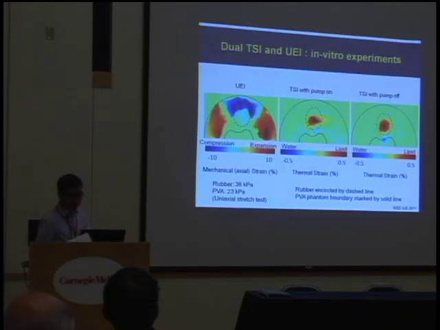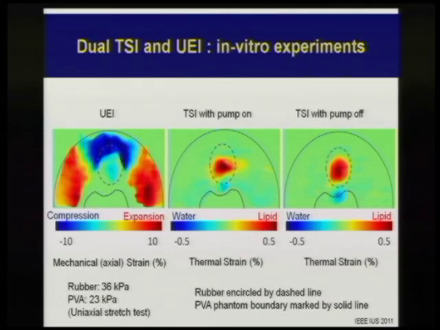Then we were able to separate those signals. On the left, in color code, red means expansion and blue means compression. So it expands on the side and compresses in the middle.